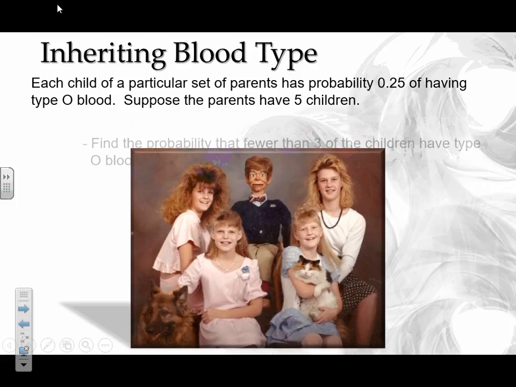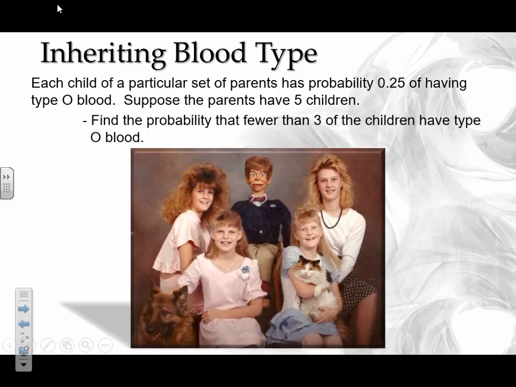So now, let's find the probability that fewer than 3 children have type O blood.